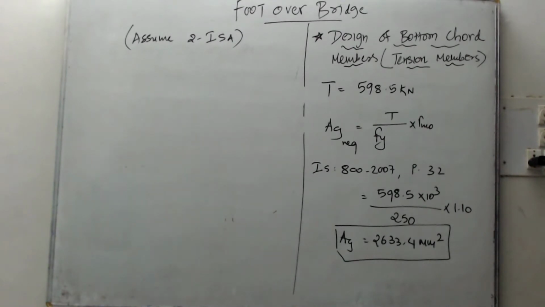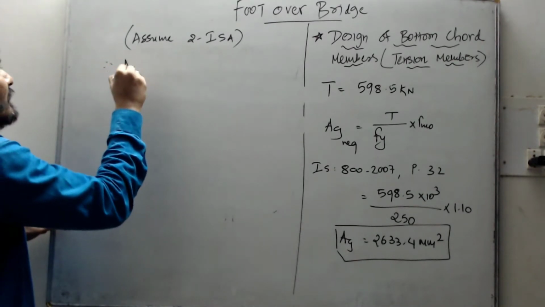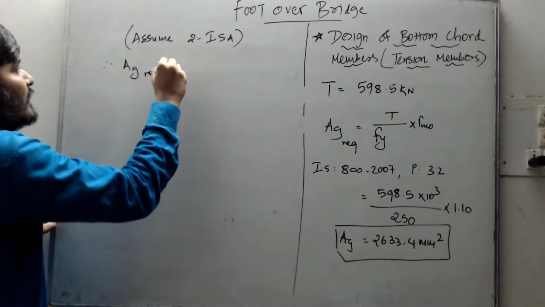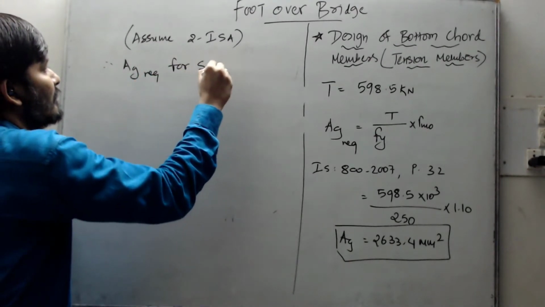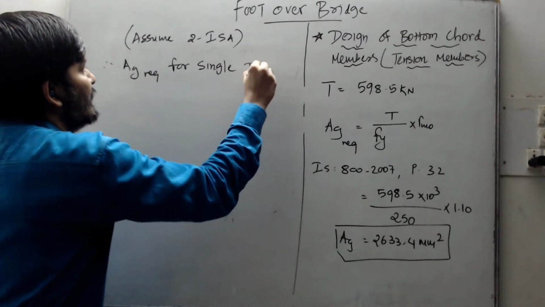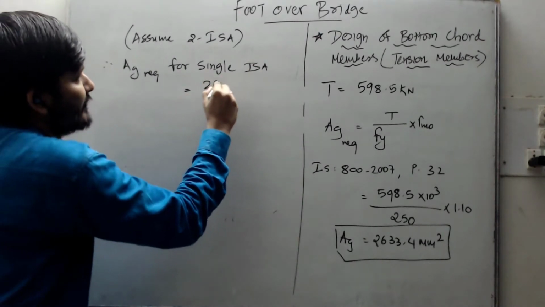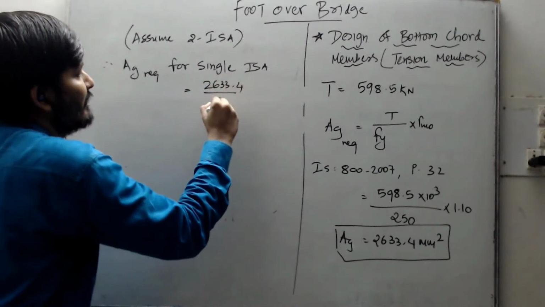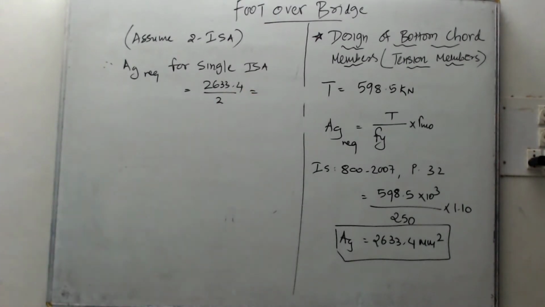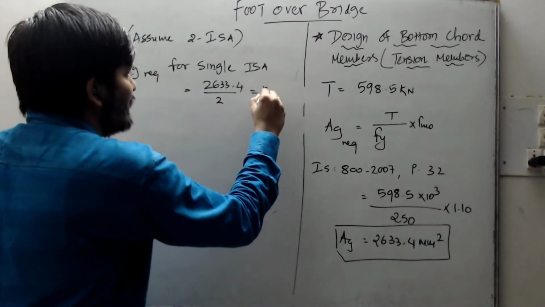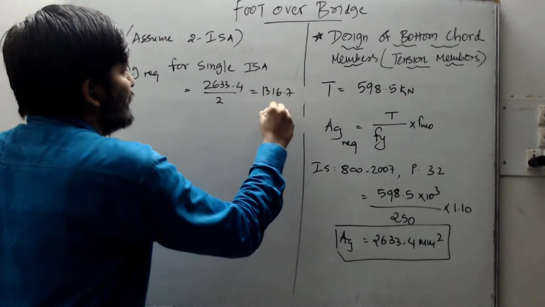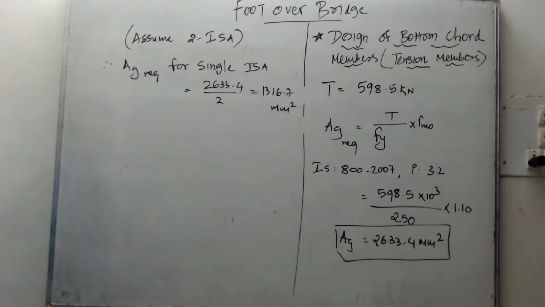Gross area required for a single ISA will be 2633.4 divided by 2, so it will be 1316.7 mm square for a single angle section.